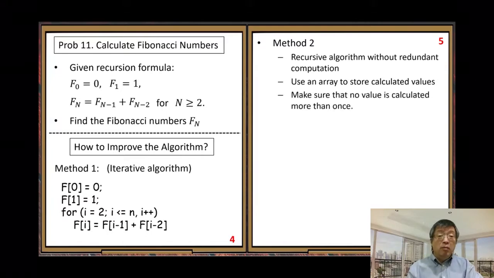Make sure that no value is calculated more than once. If we can implement these 2 points, then we avoid redundant calculation, so we can make our algorithm much faster.